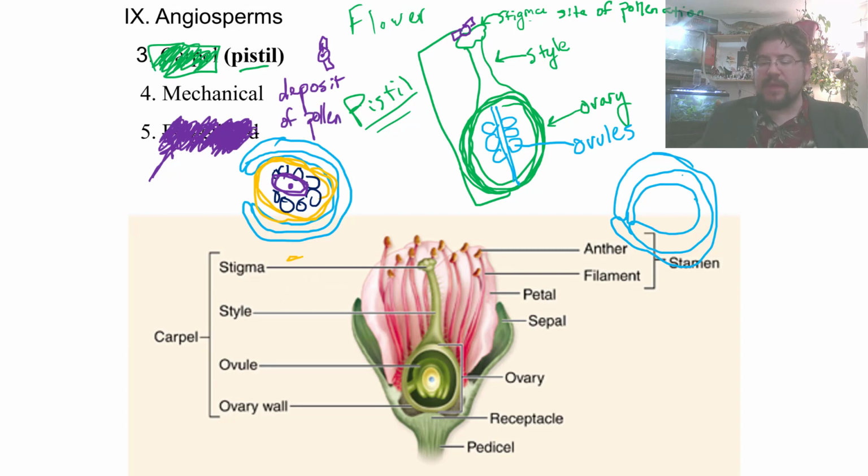So, often by animal, wind too, so pretty cool. And we'll go more into what's going on in here, but let's talk about this ovary because it's a pretty cool new feature. The ovary that completely encloses the ovules. So it's the ovary that completely encloses the ovule.